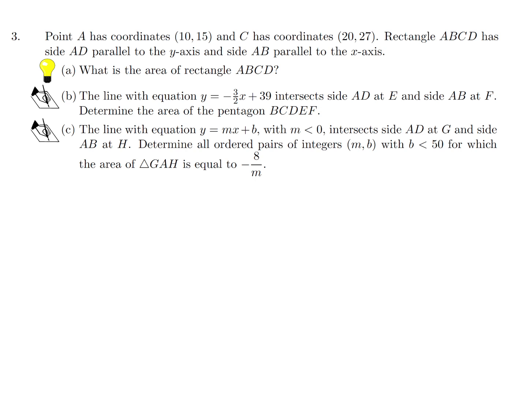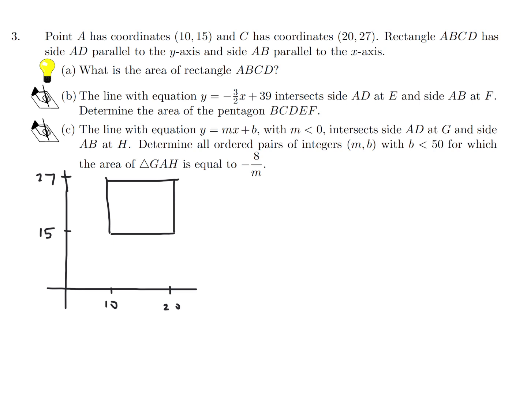Okay, so I'll draw that again. This time try to see if I can make it to scale. Not that it really matters, but what was it? 10, 15. Well, probably not going to be able to draw it to scale. That's okay. 15, 27, 10, and 20. And then this would be the rectangle, right? Approximately.